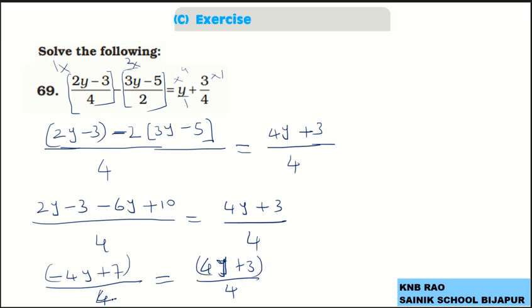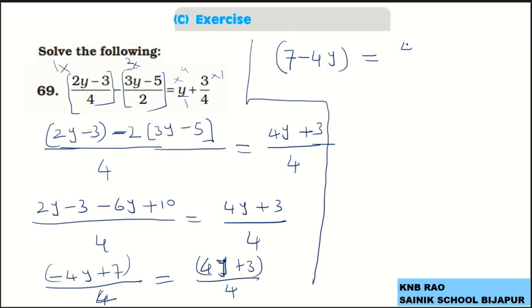This 4 or the denominator 4 on the right hand side, any one we will transfer. When we transfer to the other side, suppose minus 4y, I am writing the next term, positive sign plus 7, I will write first. So 7 minus 4y equals 4y plus 3 upon 4.